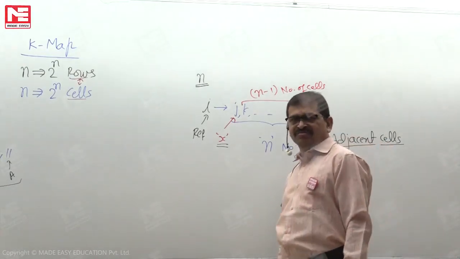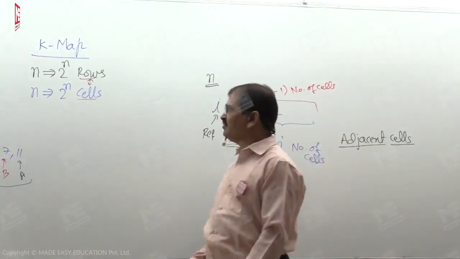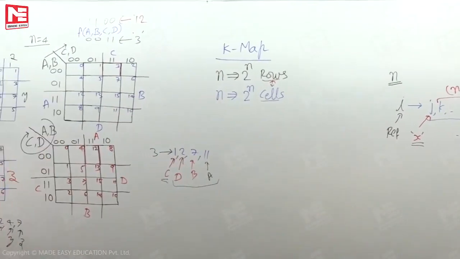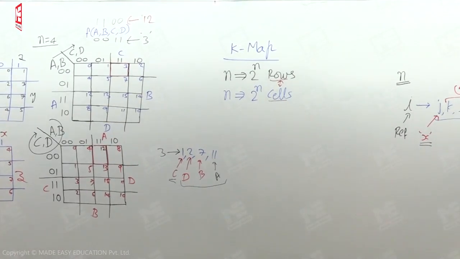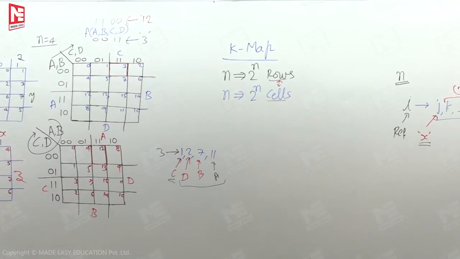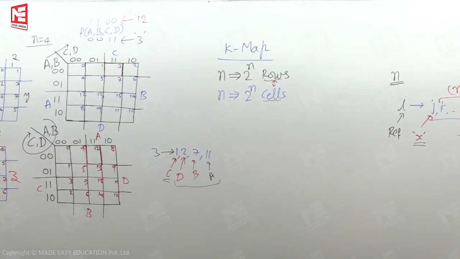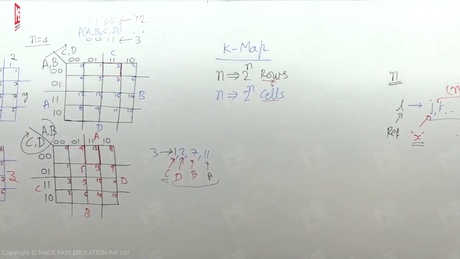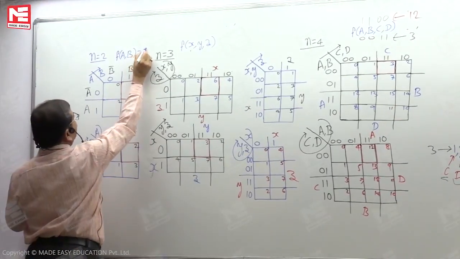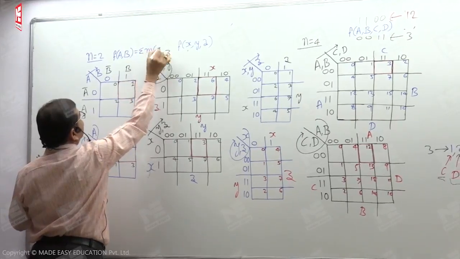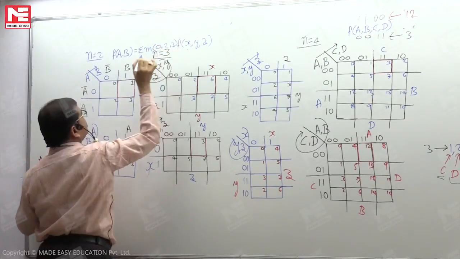So again, let us start the usage of K-map with a small example of a two variable function. Consider a two variable Boolean function with minterms 0 to 3.